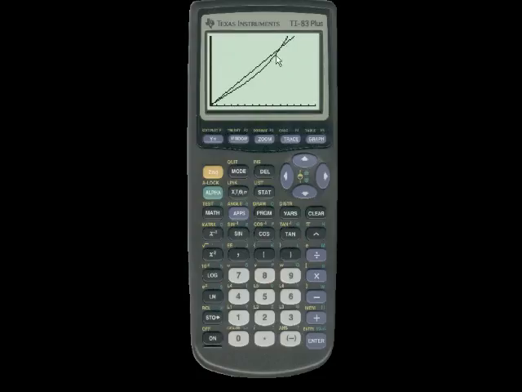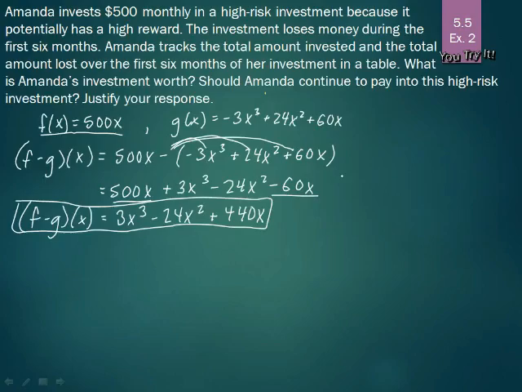And so basically we see that at about right here they intersect, which is about around x equals 10, then it actually surpasses what she's putting into the bank account. And so we do see that this investment will end up being beneficial if she just sticks in it over 10 months.